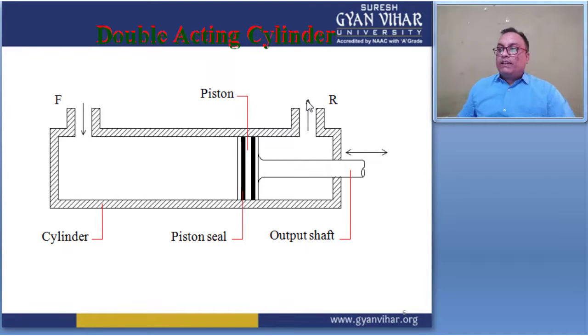And in this case, some extra accessories are used, like a check valve, pressure reducing valve, and some direction control valves. This is very sophisticated because a minor mistake creates a very big problem. And similar to the single acting cylinder, seals are also used here.